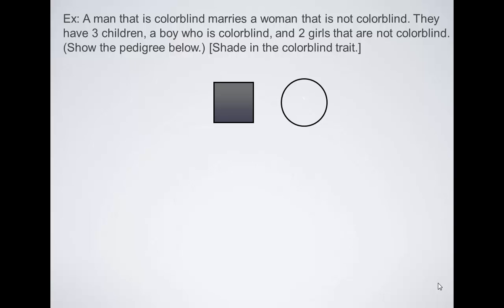And since they're married and they have children, we connect them side to side. Where are their children going to go? Below them? Yeah, below them. So we draw the line down and we have a space where we can put each of the three children. And then we need the symbols for those children.